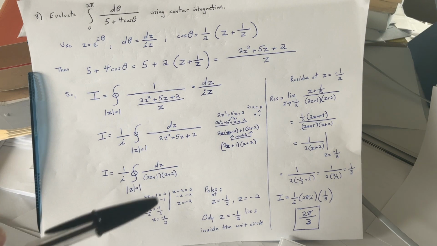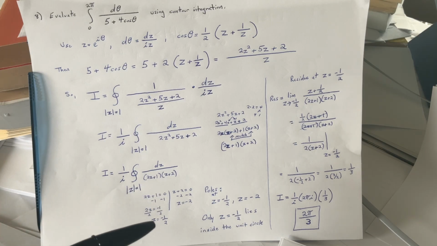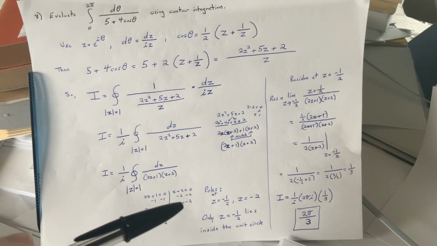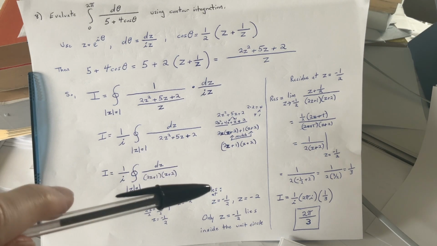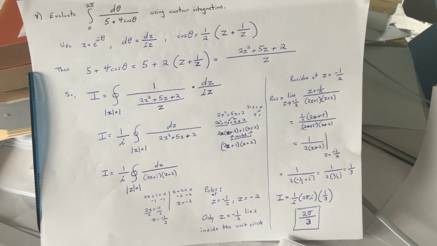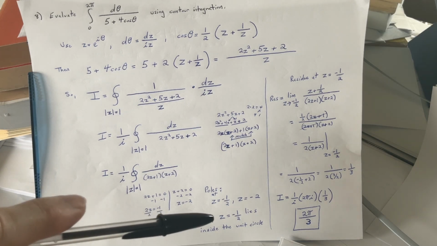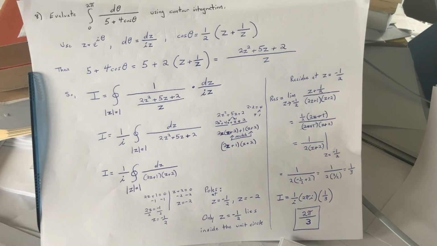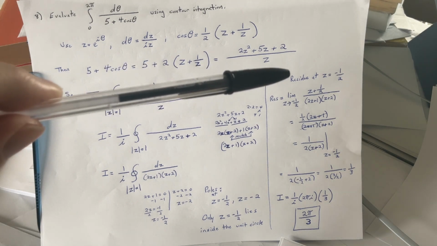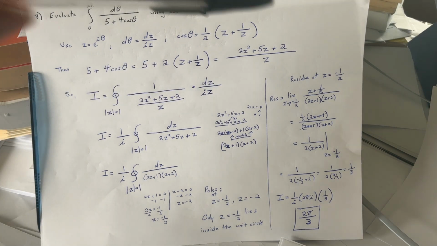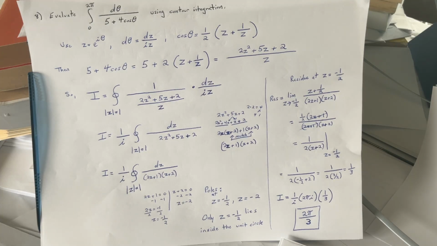So, from here, set these factors equal to 0. We're going to get z is negative 1/2, z is negative 2. So automatically the poles are at z equals negative 1/2 and z equals negative 2. However, dealing with a unit circle here, only z equals negative 1/2 lies inside the unit circle, right? So let's see what we could do here. The residue is concentrated at z equals negative 1/2.